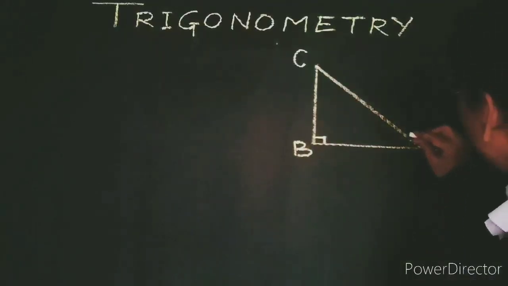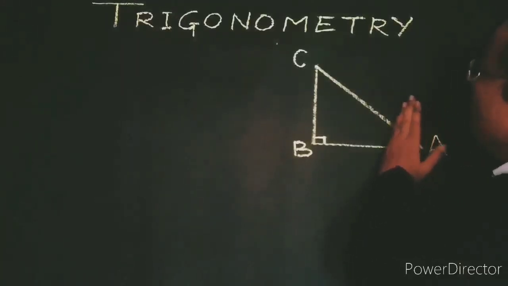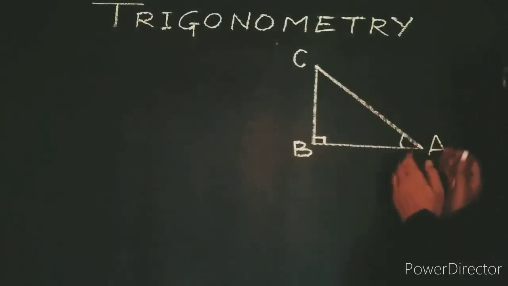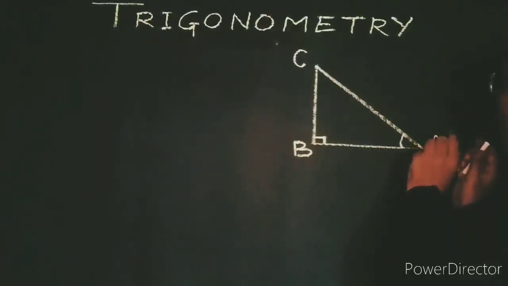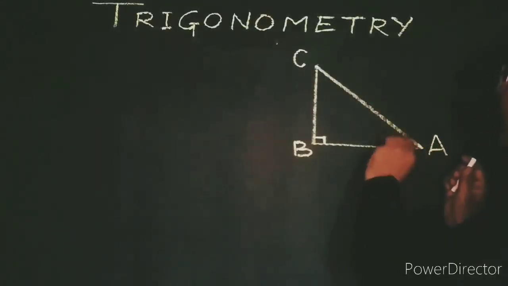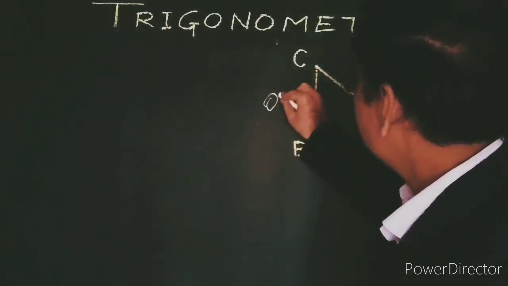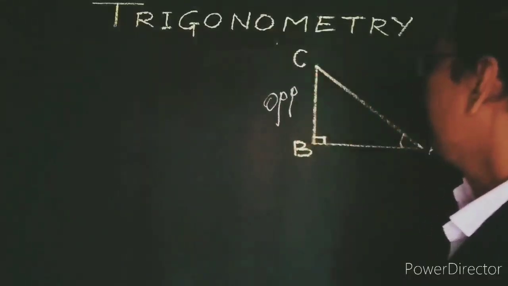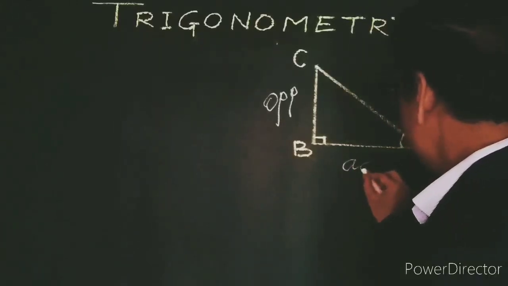Imagine that we are standing at angle A and observing from angle A. So this side BC is opposite to angle A. Once again, we are standing at angle A, and the side BC is opposite to us. Therefore, we call it the opposite side. And the side AB is just beside us, just adjacent to us. Therefore, side AB is called the adjacent side.